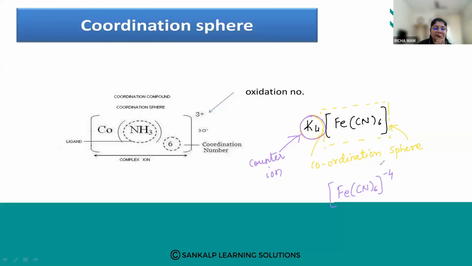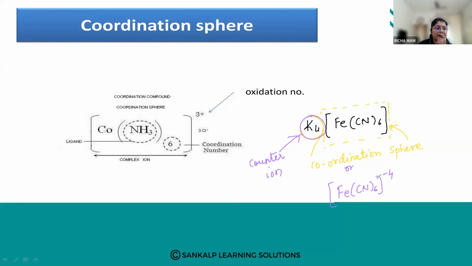The charge is shifted like this, minus 4. This is the other way. If you don't write the counter ion, then to compensate this minus 4, we add plus 4. Each potassium is plus 1, so we write K4. Either you can write it like this or this.